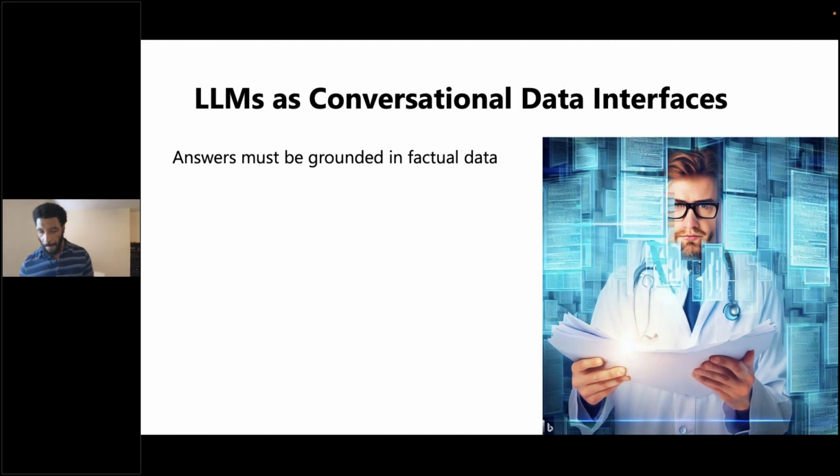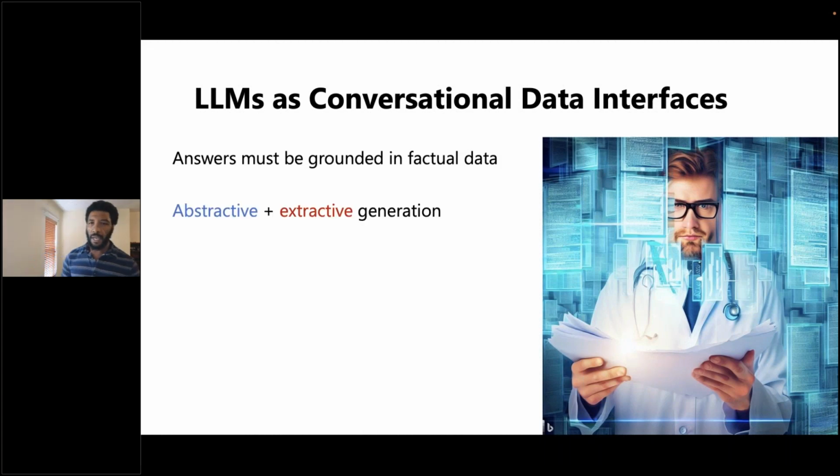And because these models suffer from this tendency to hallucinate, the answers must be grounded in factual data, which means that we need models that can generate abstractively, and these models are pretty good at generating text by themselves, but we'd also like these models to be able to extract specific pieces of information and generate responses that are based on factual instances of data.